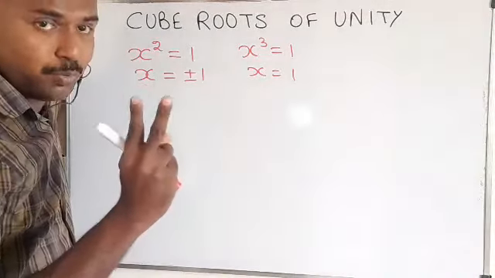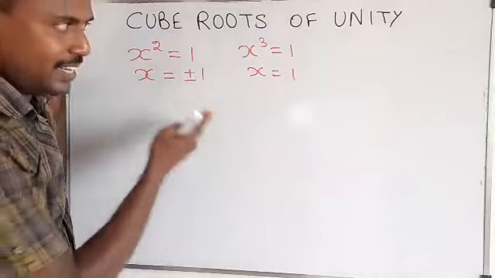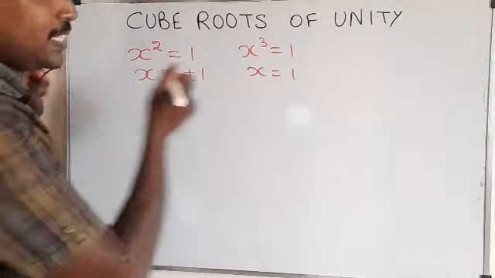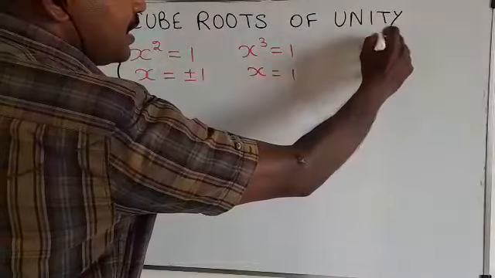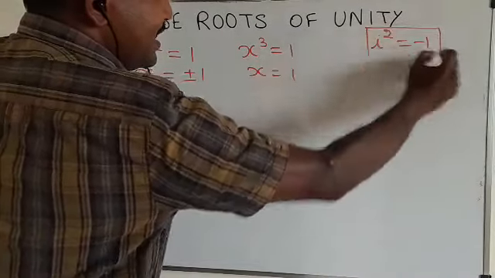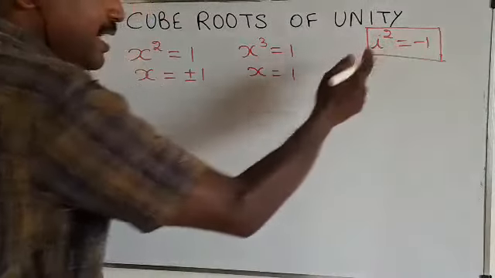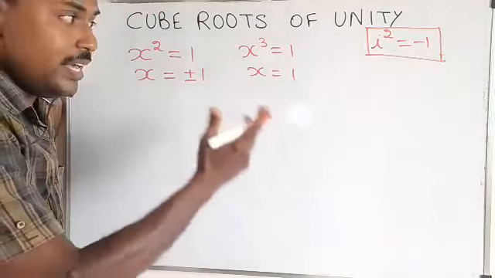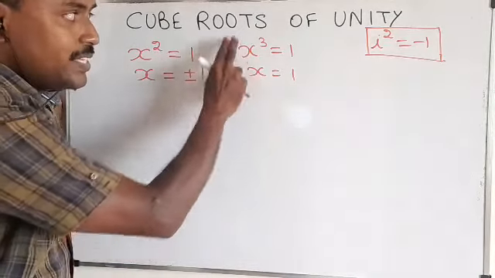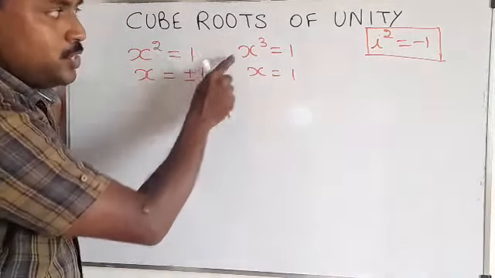Of course, there are two more values, not in the real world, but in the complex world. See, in the complex number system, we have an assumption, that is i square is equal to minus 1, isn't it? So, based on this fact, i square is equal to minus 1, we are able to get the two more values of x for this equation to be true.